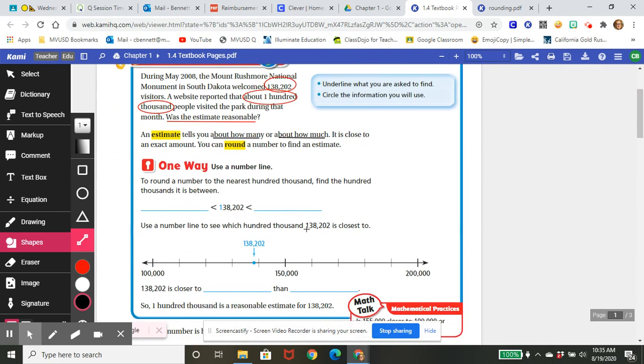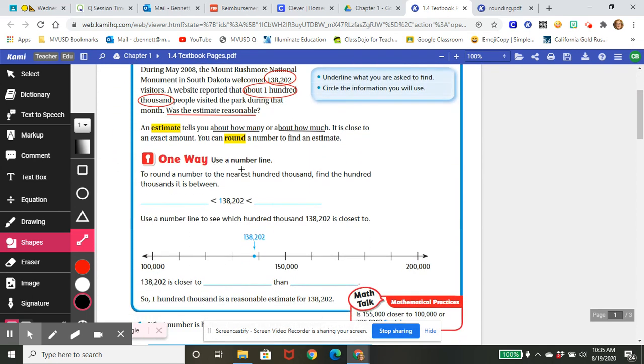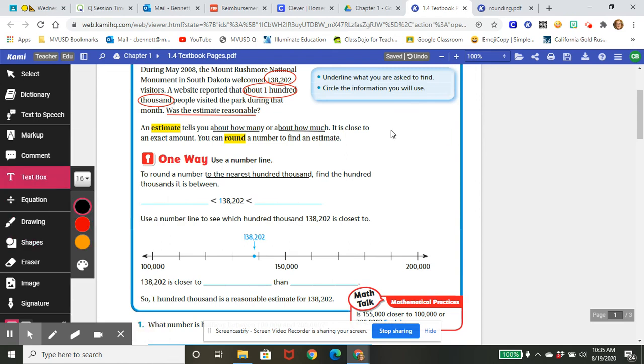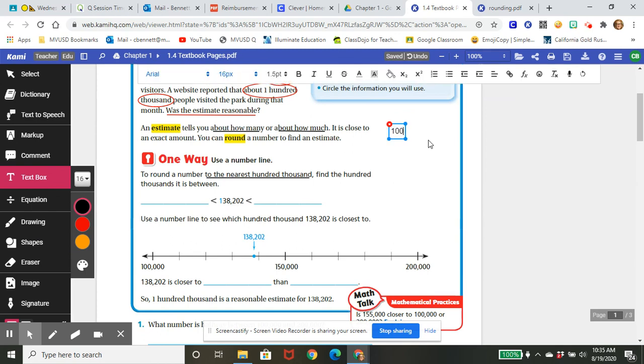Okay? So one way to round is to use a number line. So it says here to round a number to the nearest 100,000, because remember they said it's about 100,000. So we're rounding it to the nearest 100,000. Find the 100,000 it is between. Okay? So if I were to list off all of the 100,000s, okay, I would have 100,000.